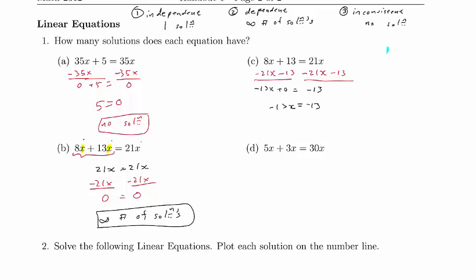Divide both sides by negative 13. And we end up with x equals positive 1. All right, so that's one solution. And that's our answer.